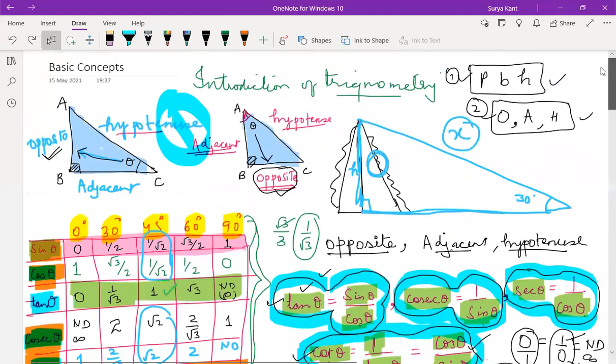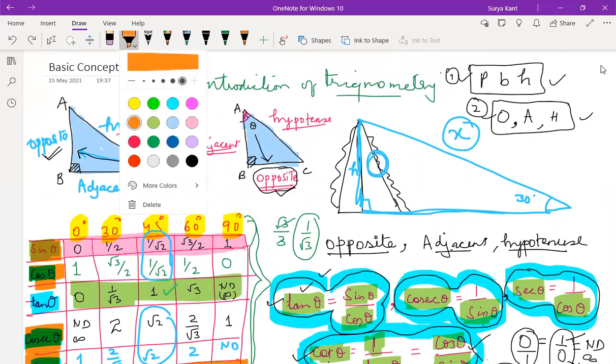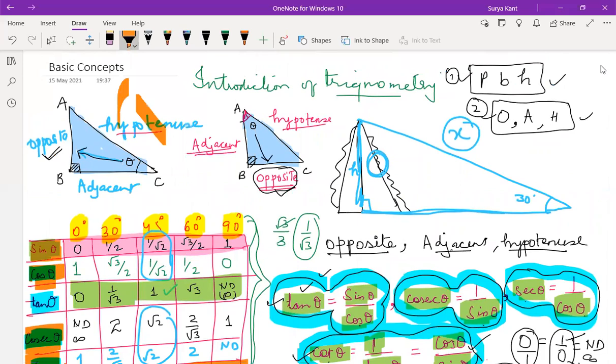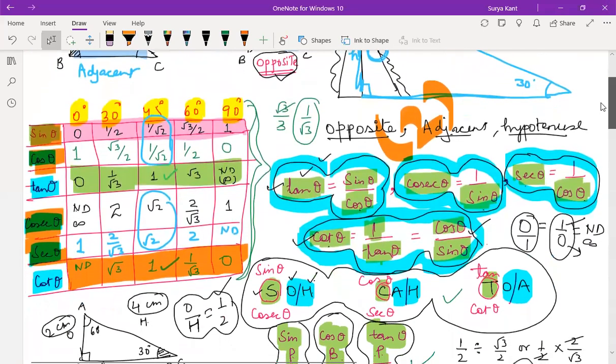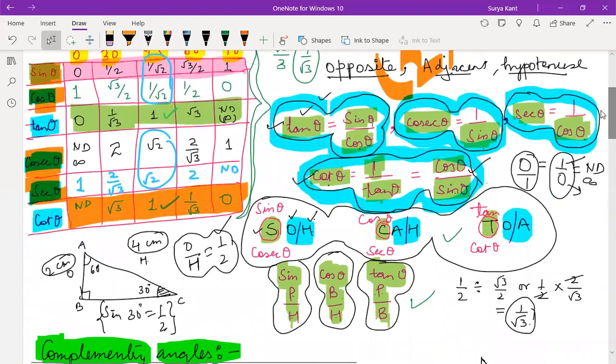I'm writing with a different pen. I'll just write this one. This is the first concept. This is the second concept. Third concept is, you can write here SOHCAHTOA. This is the formula, right?